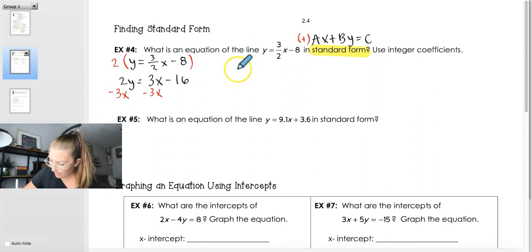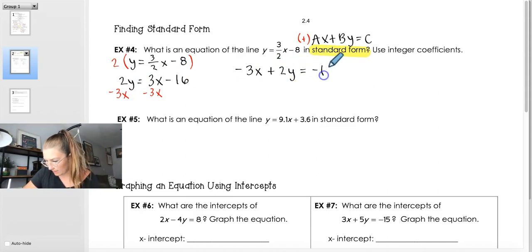Alright, so now I'm going to have negative 3x, and then the 2y is positive, so it's plus 2y equals negative 16. Okay, you're almost there. Hopefully you remember I said this a value needs to be positive. So in order for me to get that to be positive, you multiply the entire thing by a negative.